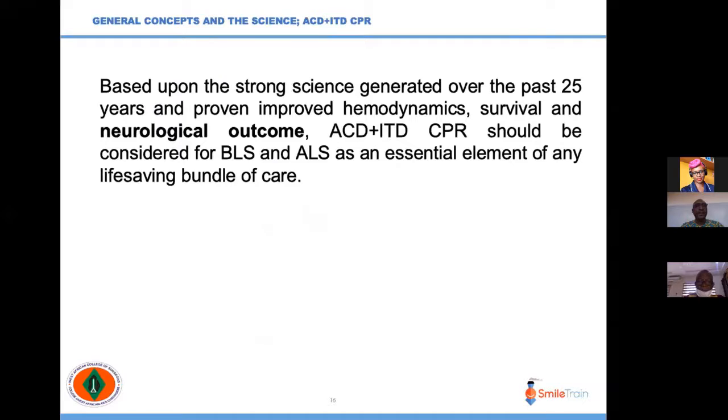And based on this, like I said, neurological outcome has been seen to improve, especially when ACD and ITD are combined together. And I think they should be considered as adjuncts in BLS and advanced life support as an essential element in the future.